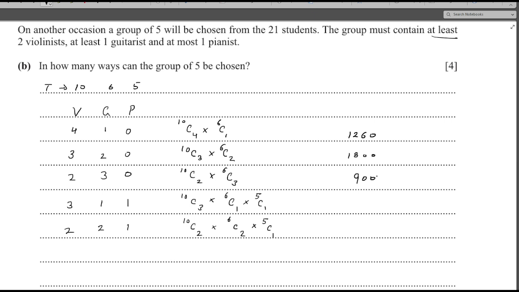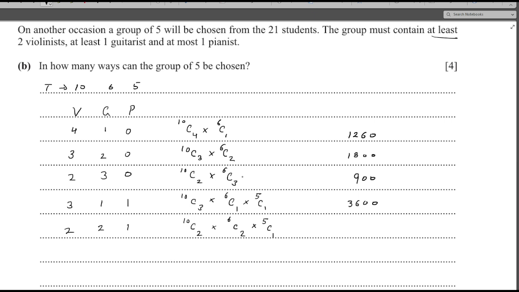Next I have 10C3 times 6C1 times 5C1, so here I have 3600, and finally I have 10C2 times 6C2 times 5C1.